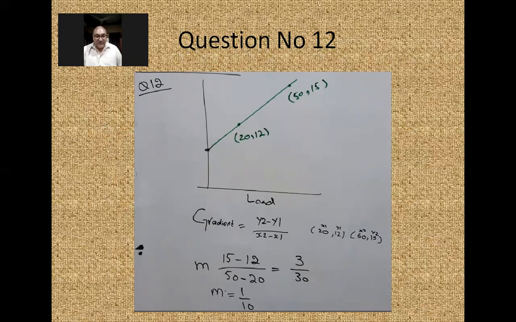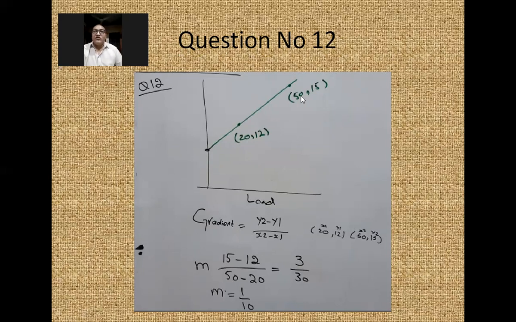The graph below shows how the length y centimeter of the spring varies with the mass x gram attached to it. On the x-axis we have the load, on the y-axis we have the length.